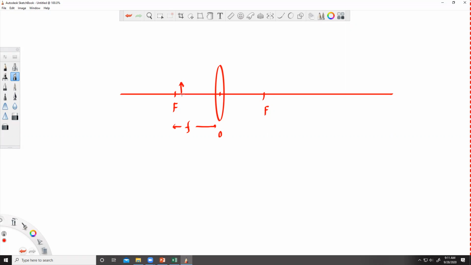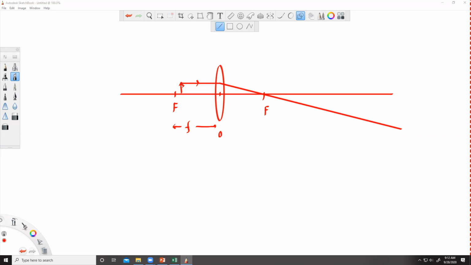And we usually use a magnifying glass to magnify smaller objects. We observe a small object with the help of a magnifying glass to magnify it. So we know from our previous lecture, if a ray hits the lens parallel to the principal axis, it will go through the focal point.